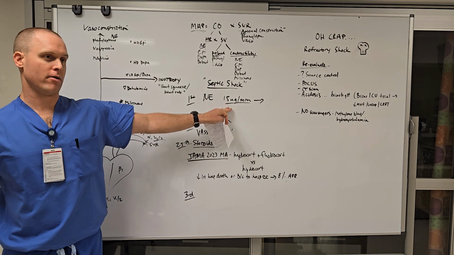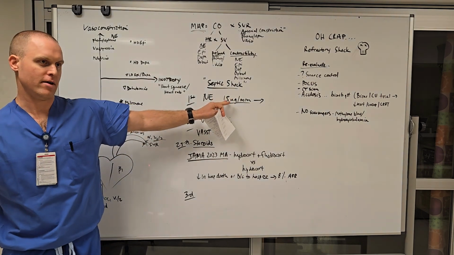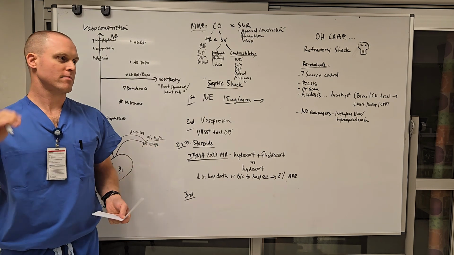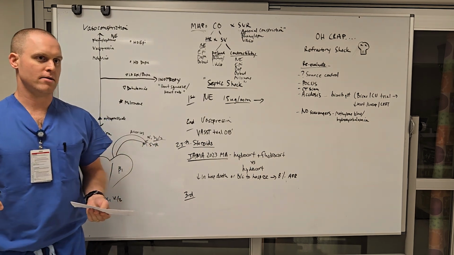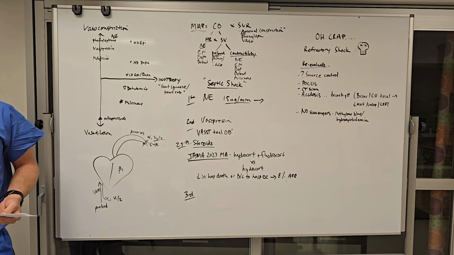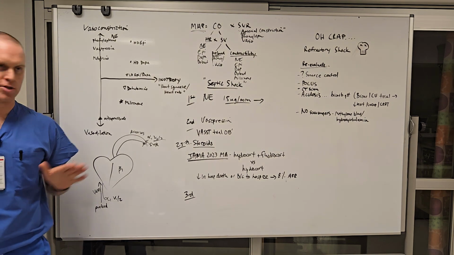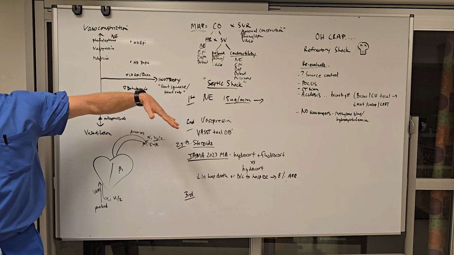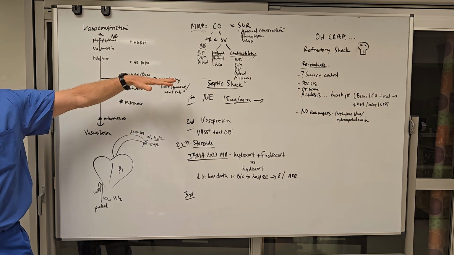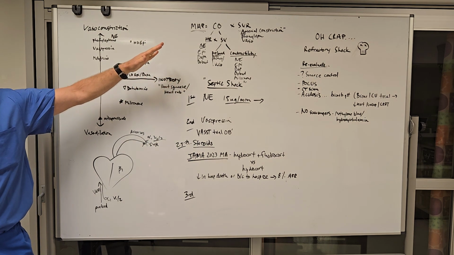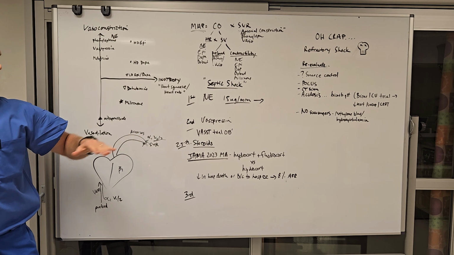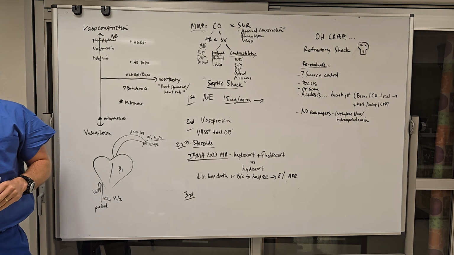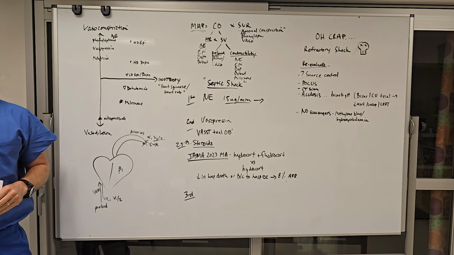However, at 14 micrograms per minute, around 15, there was a 10% reduction in mortality in those patients at 30 days and 90 days when you added vasopressin earlier, rather than just going up on norepinephrine, because of all those side effects I just mentioned when you go too high on norepinephrine. So that's why we add vasopressin typically around that range, or we should.